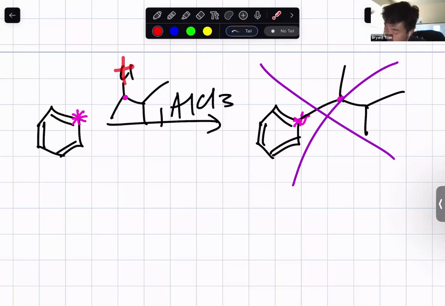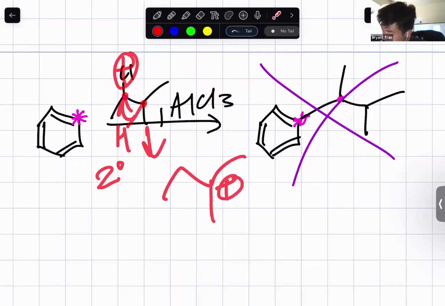So let's say the leaving group left, forming a carbocation at that position. That is a secondary carbocation. And we see here to the right of it, there's a tertiary position, a more substituted position that it could be more stable in. So we're going to do a hydride shift here to form the tertiary carbocation, which this here would then be our electrophile.